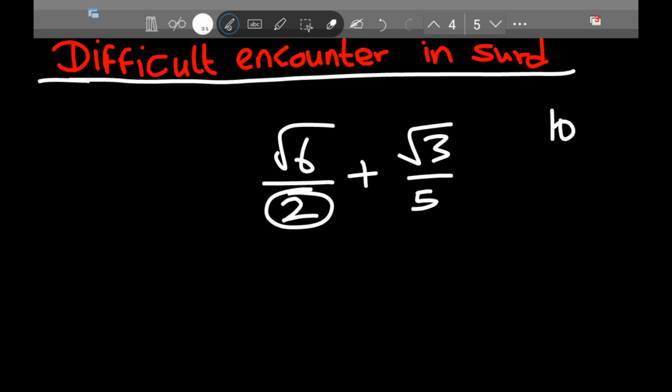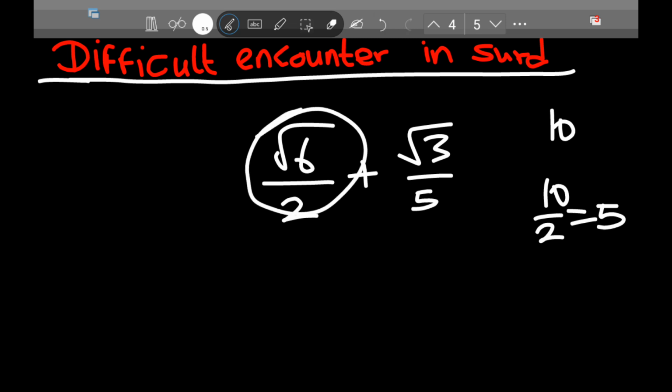Divide it by 2 first, then come back and divide it by 5. 10 divided by 2 is 5. This quotient, 5, you multiply by the first fraction: 5 times root 6 and 5 times the 2.